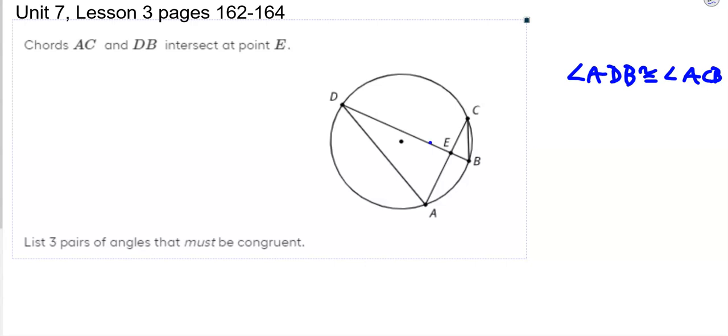So I'm hoping that you looked at these two intersecting segments here, chords, and when they intersect, the vertical angles are congruent.